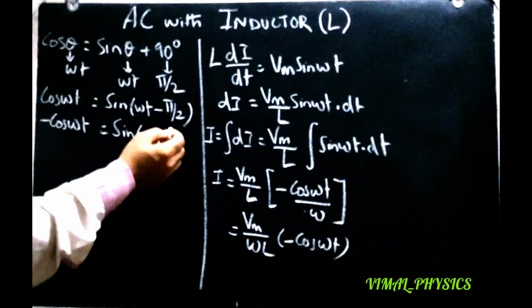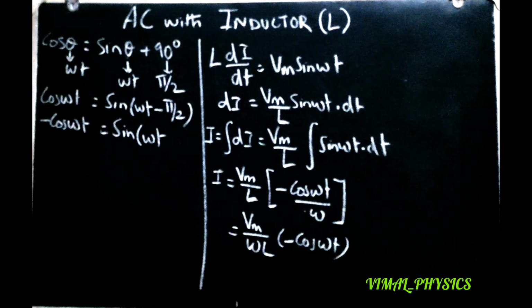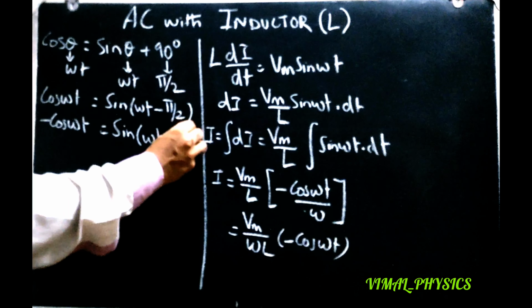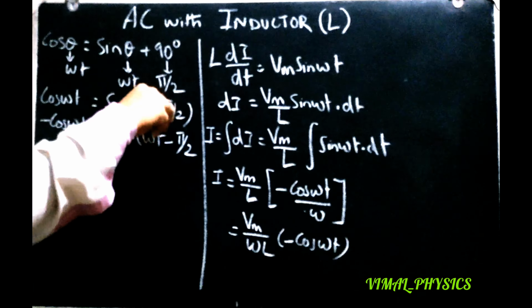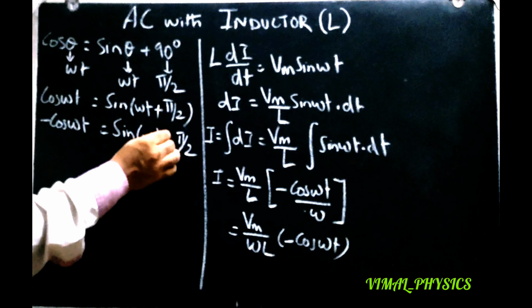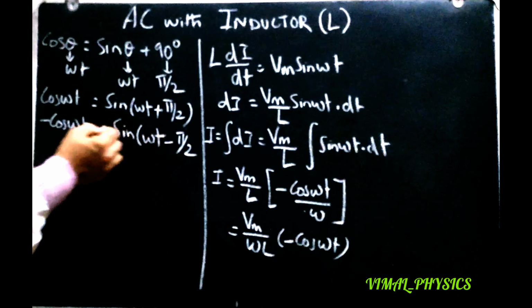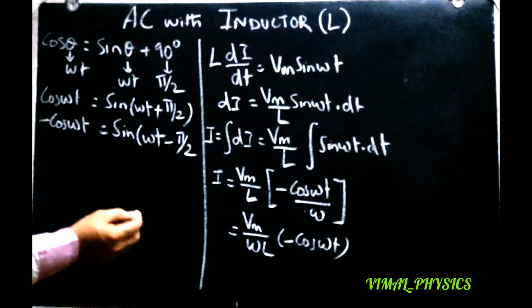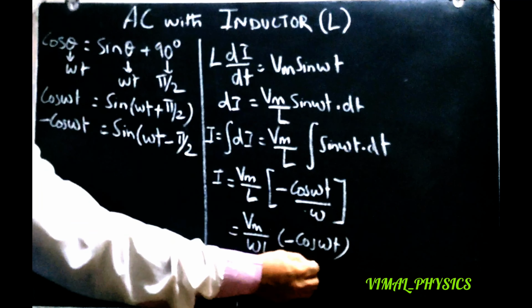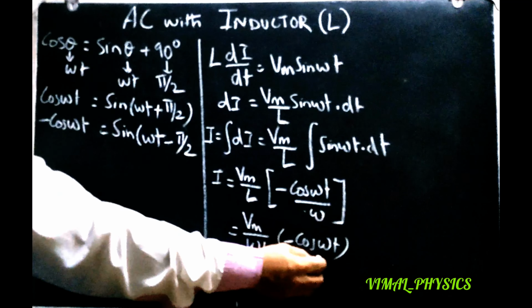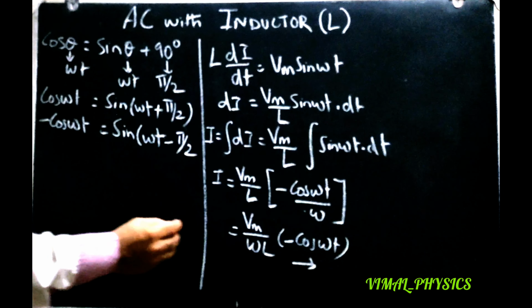So that is what we are using. So minus cos omega t is equal to sin omega t minus pi by 2, is the expression.